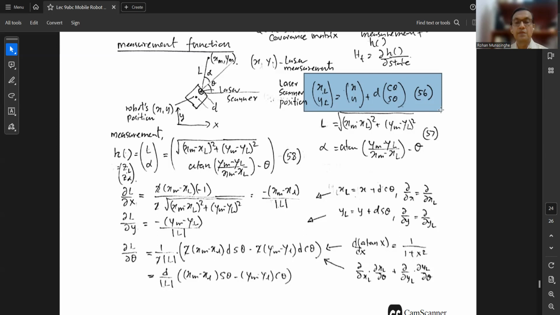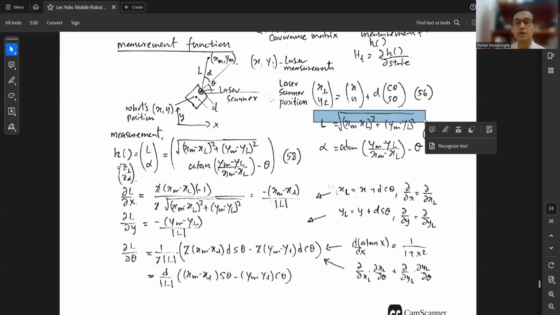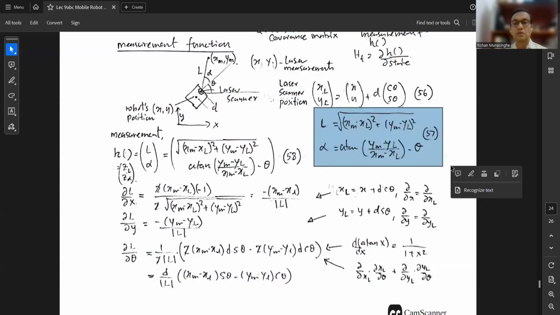And then it measures the distance to the marker, that is capital L. So you can write capital L in that equation 57. And also the laser scanner calculates the angle to that marker. And the angle here is alpha.